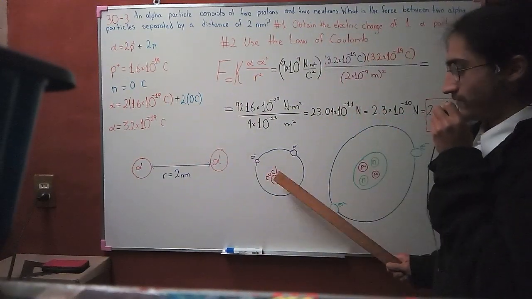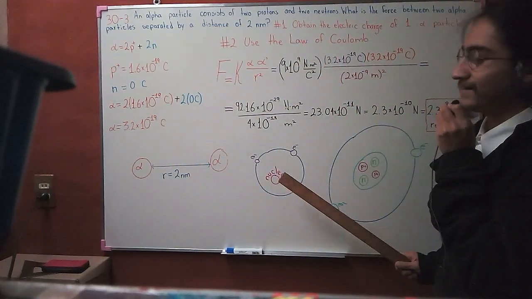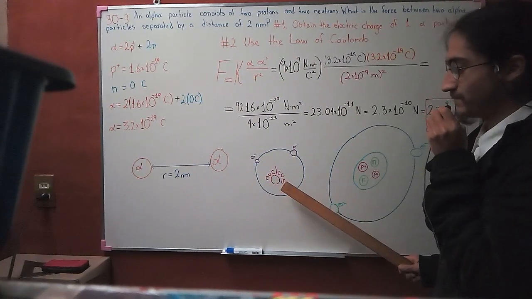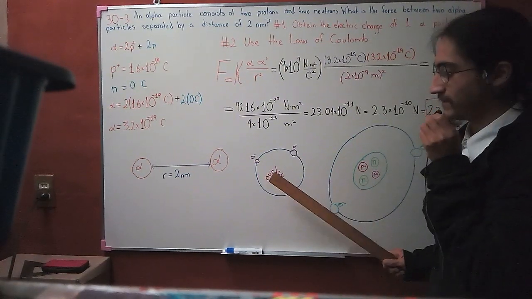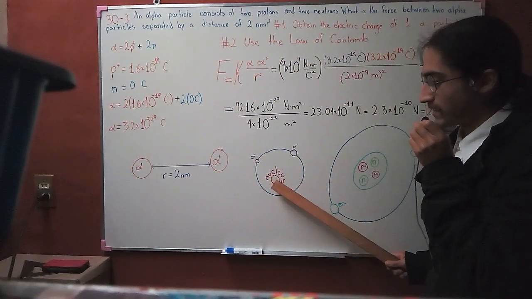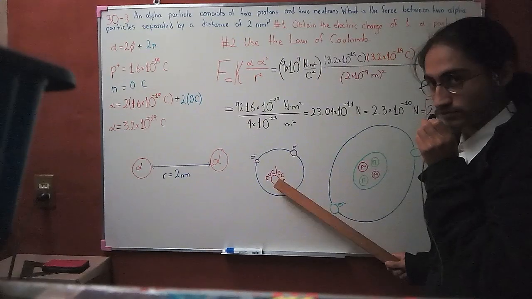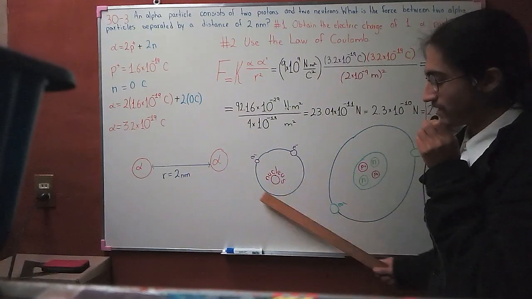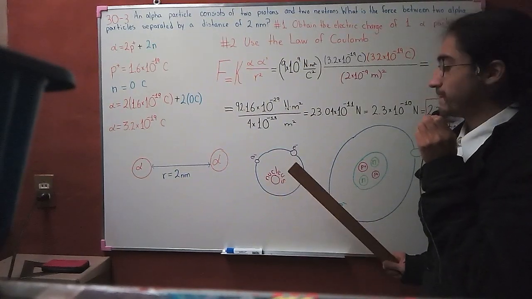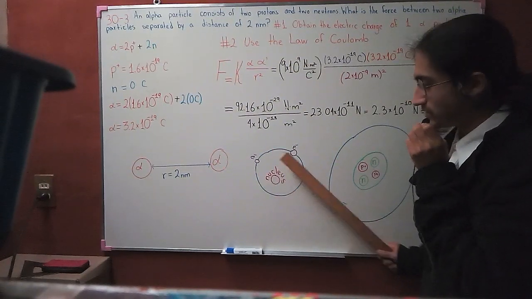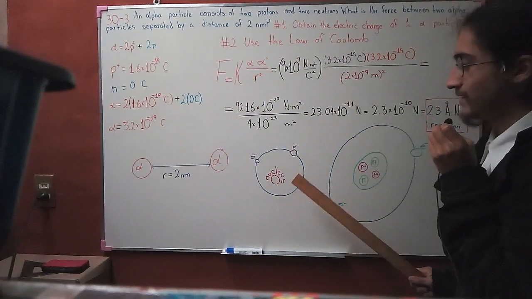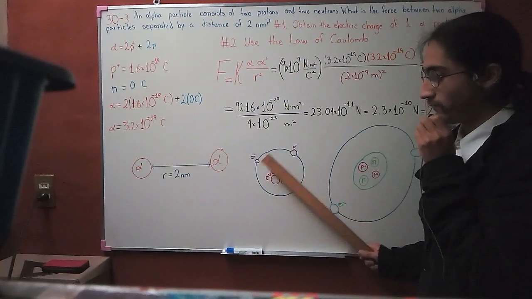If we have an atom of the element helium, this pink circle at the center is the nucleus, and this bigger blue circle with these two purple circles are the electrons.